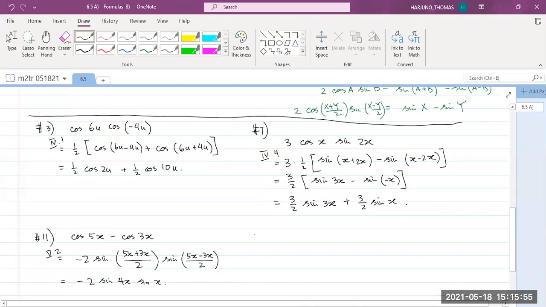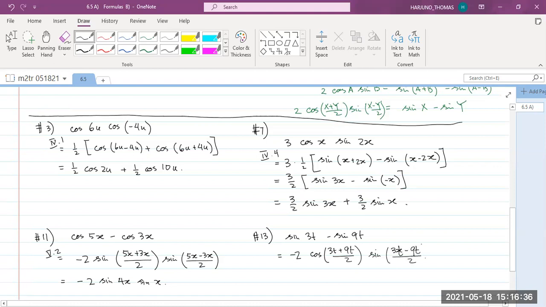Number 13. I randomly pick questions, by the way. So if sometime later on you suddenly see a question you want me to go over, just let me know. Sine minus sine is 2 cosine of sum divided by 2 times sine of difference divided by 2. The difference is in t, not x.